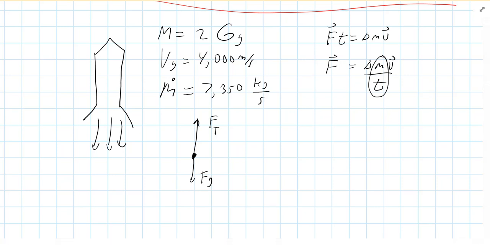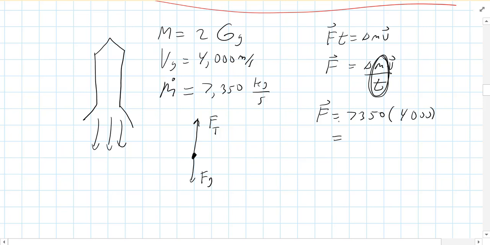That's how quickly the fuel comes out. So your force is simply going to be, well, this is just m dot. So it's 7,350 times your velocity, which is 4,000. And I get, I'm going to leave it in millions, I get 29.4 meganewtons. So that's million newtons, okay?